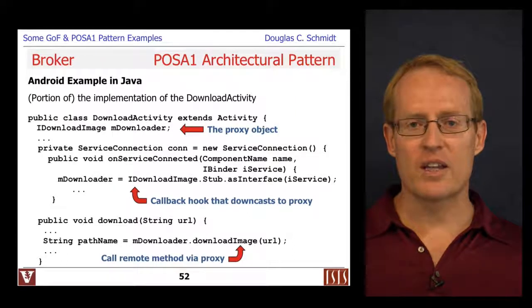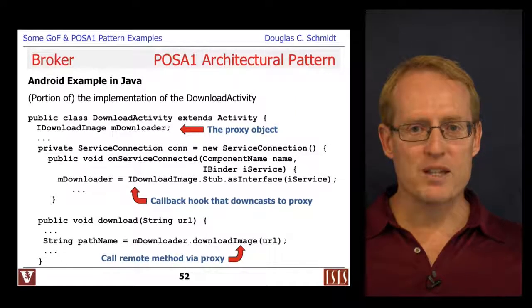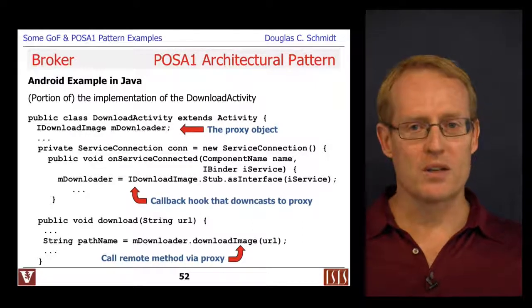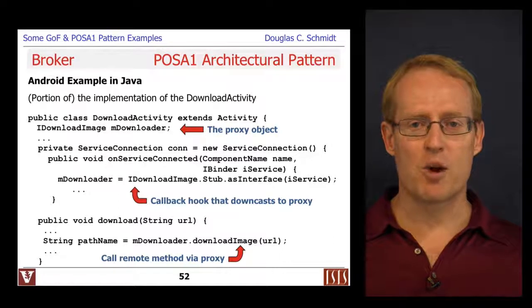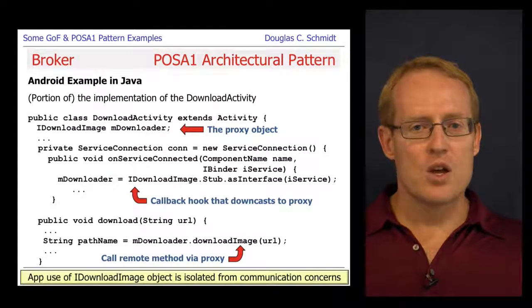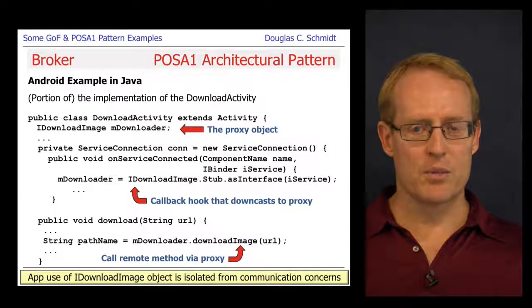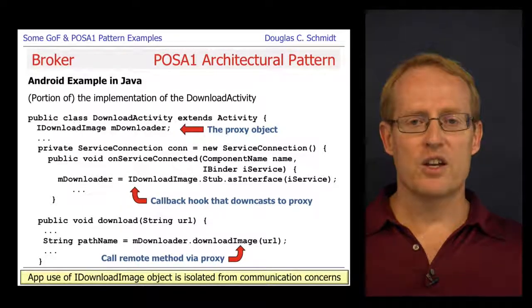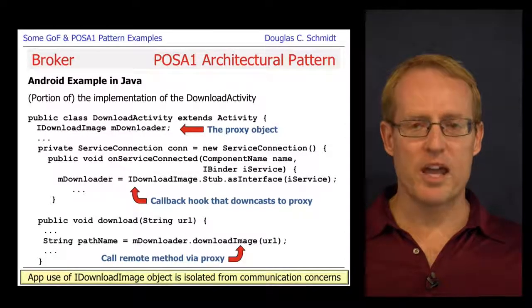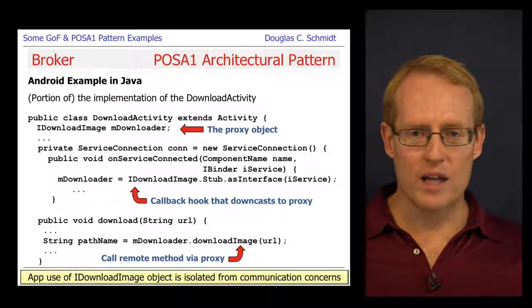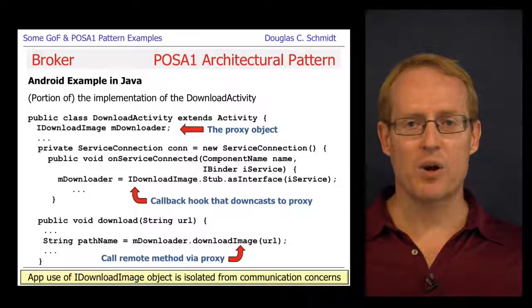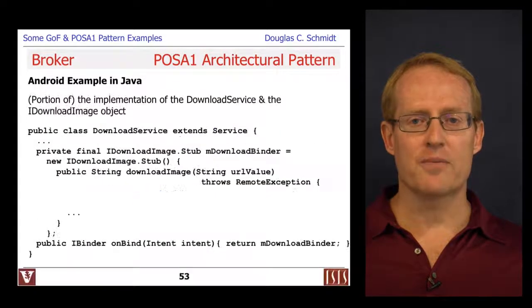And here's where the download activity uses the proxy to invoke the download image method, which will then, of course, eventually be delivered over to the server process and the download service binder object. Notice how the use of the broker in Android shields the application developer from many of the low-level details of communication. You don't really have to know a lot about how the mechanisms take place under the hood to transmit information back and forth. That's done for you by Android.